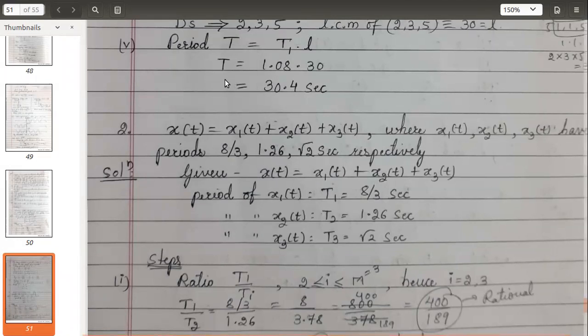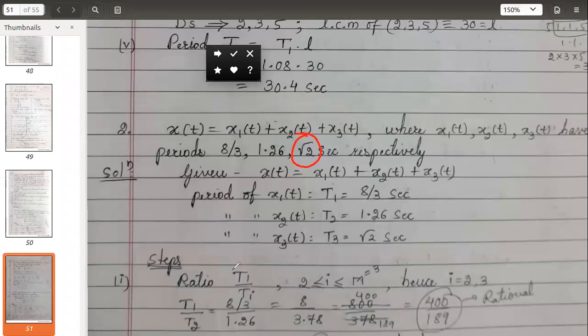See, when we are following the 5 steps, what is the first step? We have to find out the ratio, T1 by T2, T1 by T3 like that. When you find the ratio, it should be rational; the numbers should be integers. If you observe carefully, the period given is a root.